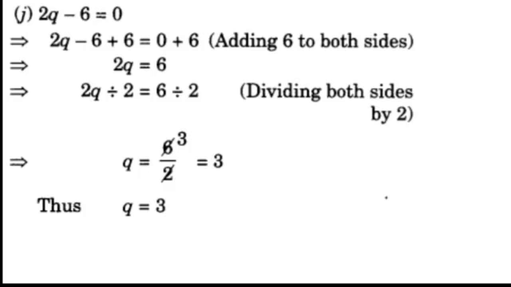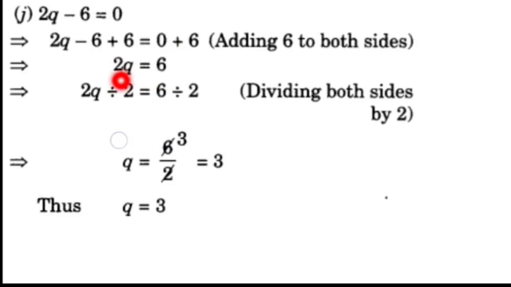The next one is minus 6. So what will happen, as you can see here, negative 6 is there, you are going to use the opposite of negative 6, that is adding 6 to both sides. So this 6 and this 6 get cancelled, you will have only 2q left on the left hand side of the equality and 0 plus 6 will be 6 on the right hand side of the equality.